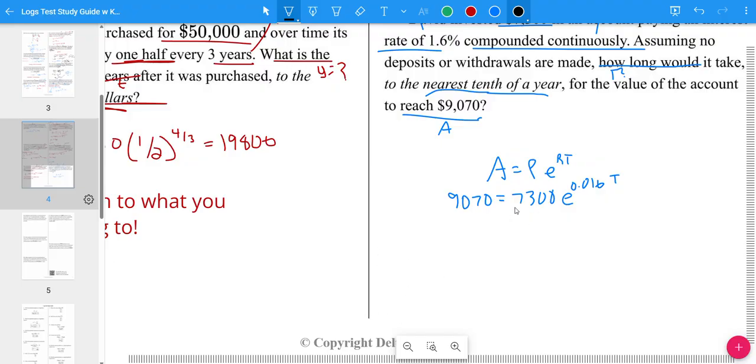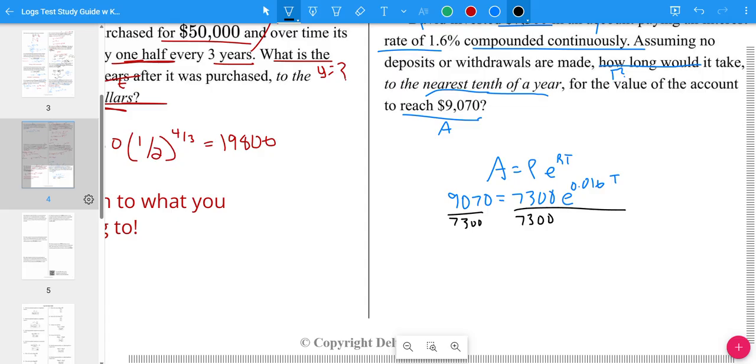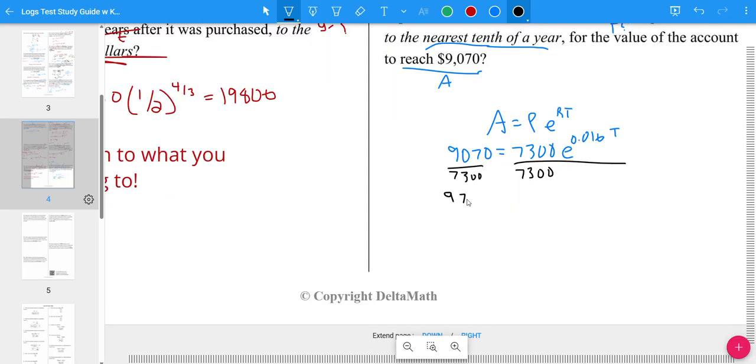We've got to get rid of it, use logs or base E, all that good stuff. So let's divide on both sides. It's 9070, right? I figured. So 907 over 730. Oh, I'm all backwards.